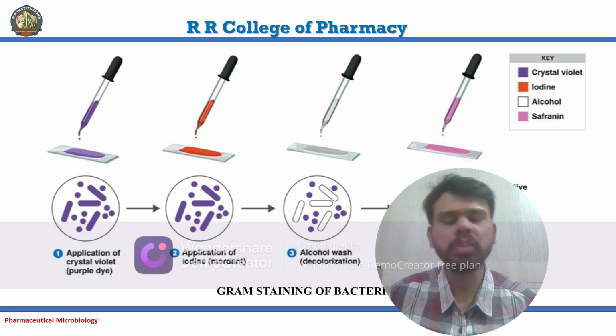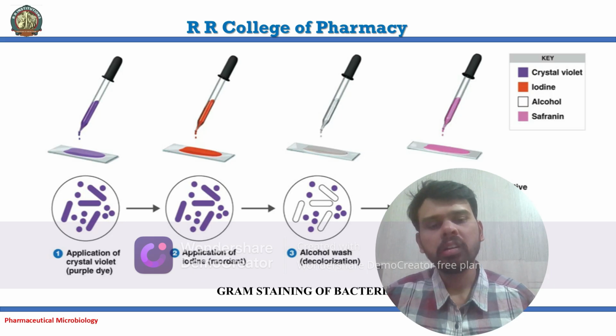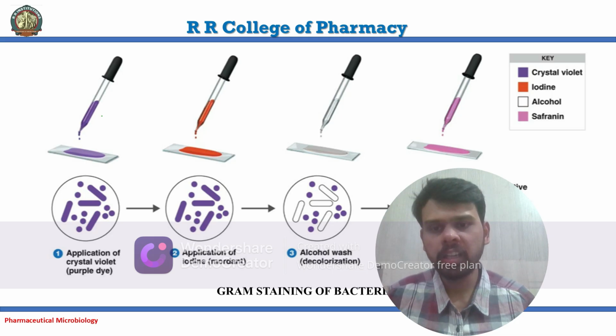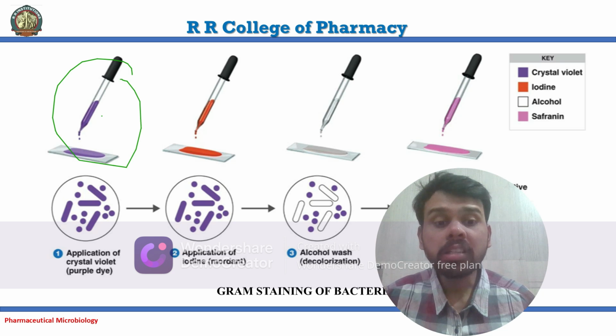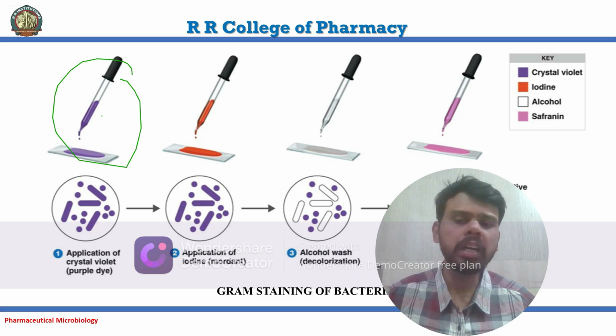In the first step, students, you can see in the diagram the addition of crystal violet. What is this crystal violet? This crystal violet is called your primary stain. What will this primary stain do? If you take any kind of bacteria, it will give rise to a purple color.